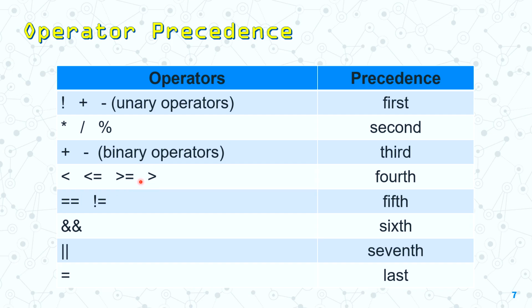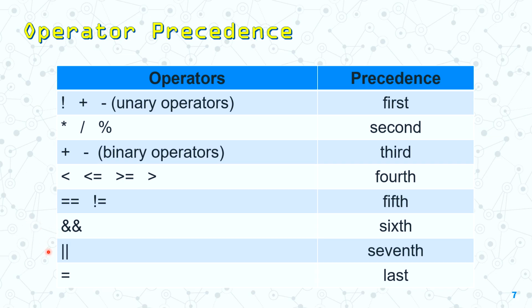After that, it evaluates equality, which is equal to or not equal to. Finally, near the bottom, it evaluates our logical operators. Logical AND with the ampersand is evaluated before the logical OR with the vertical pipe signs.